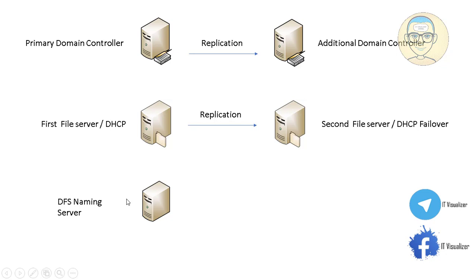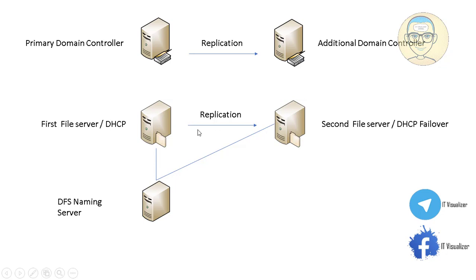So the DFS should be on a separate server, and it will be pointing to the contents of our file server 1 and file server 2. You remember that I said that DFS will be pointing to our file server folders, and if it is down, it can be redirected to the folders on the second file server.